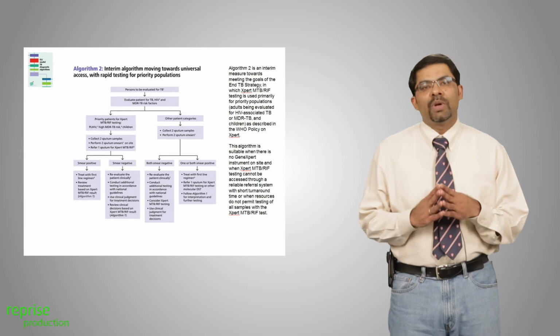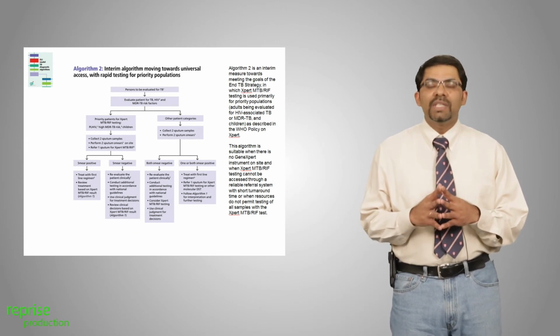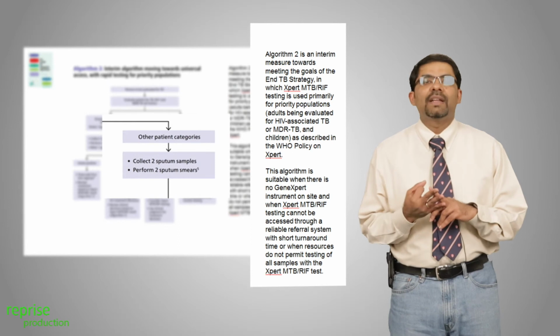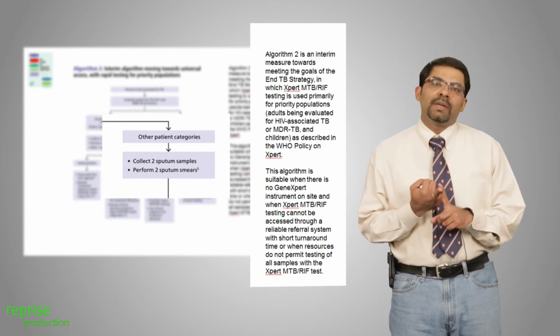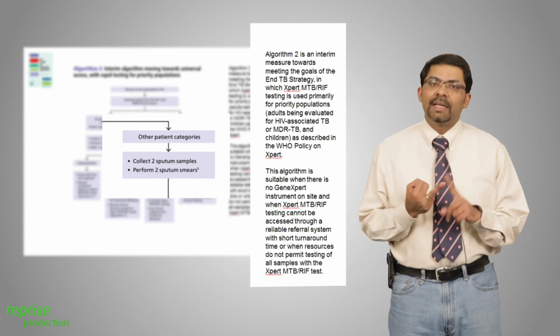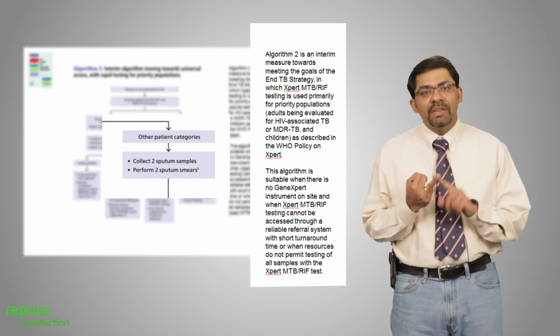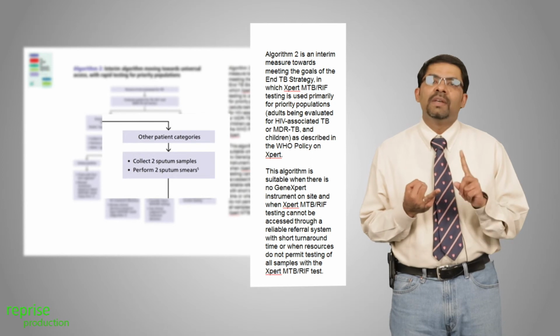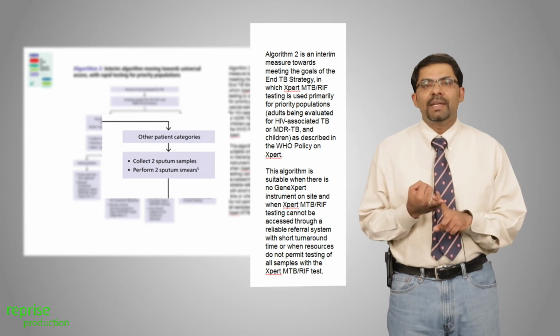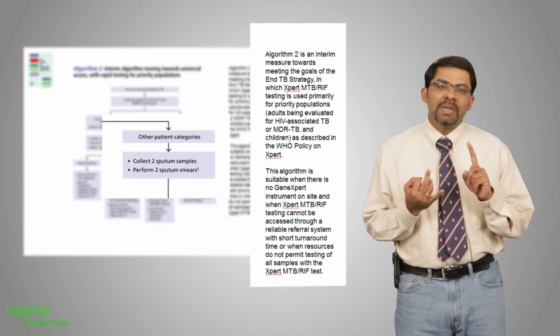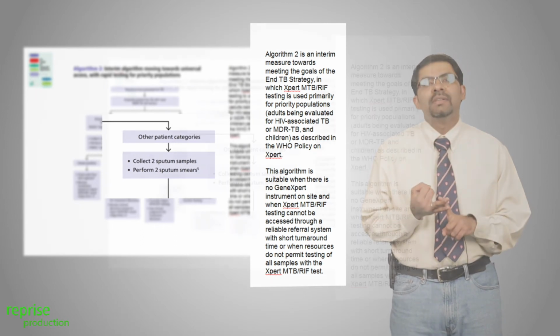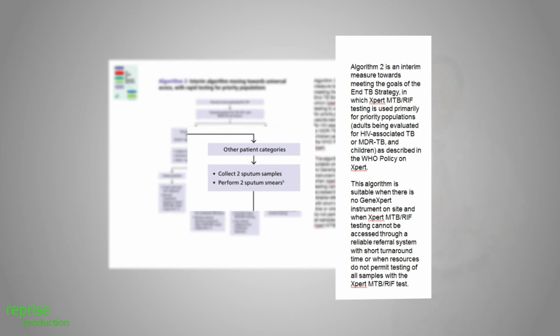In this algorithm, one should first check whether the patient meets one of 3 criteria: a child with suspected TB, anyone with risk factors for MDR, that includes treatment failures, previous tuberculosis therapy, or contact with someone with MDR TB, and anyone with HIV. These 3 groups, people living with HIV, children, and those with MDR risk factors, should be prioritized for GeneXpert as the frontline first test.